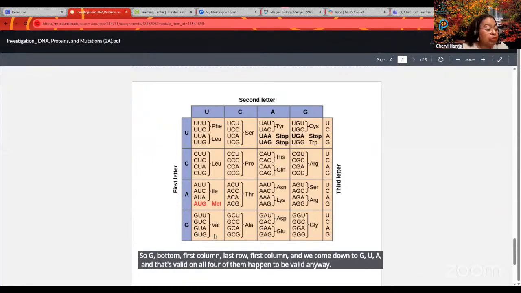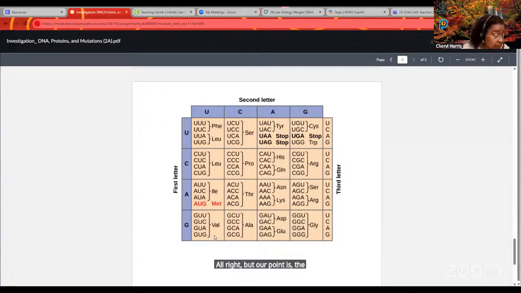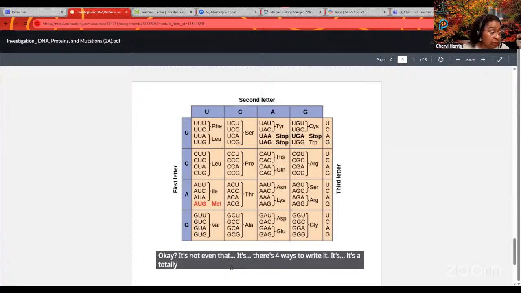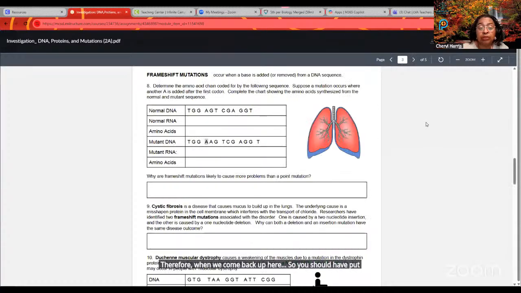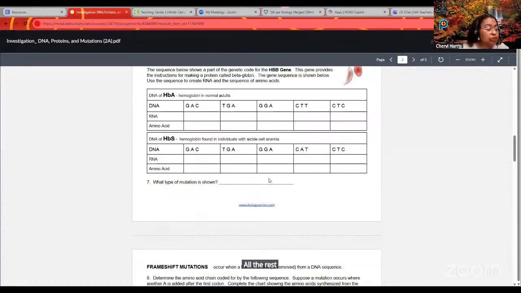But our point is the first one was GLU, and now this one is Val. So there's a totally different amino acid altogether. Therefore, when we come back up here, you should have put Val, and all the rest of them should be the same, except for this one right here.